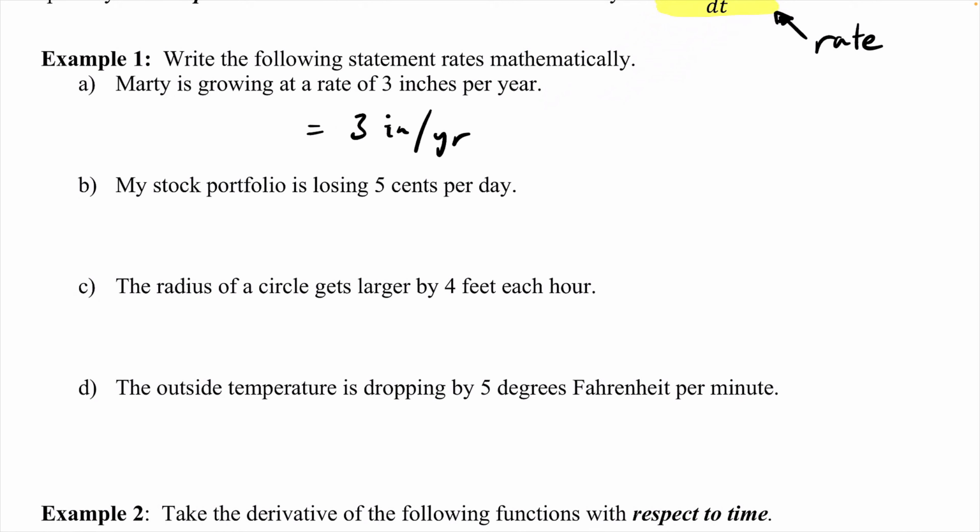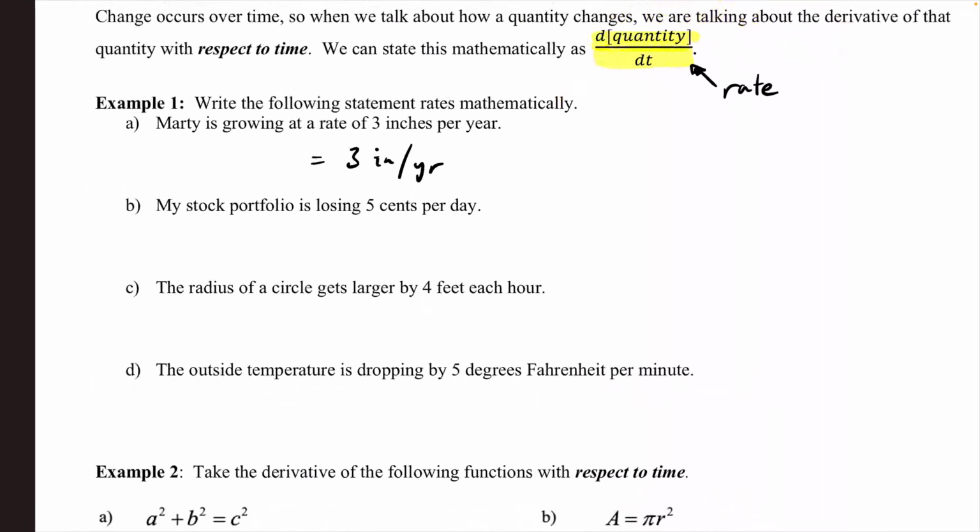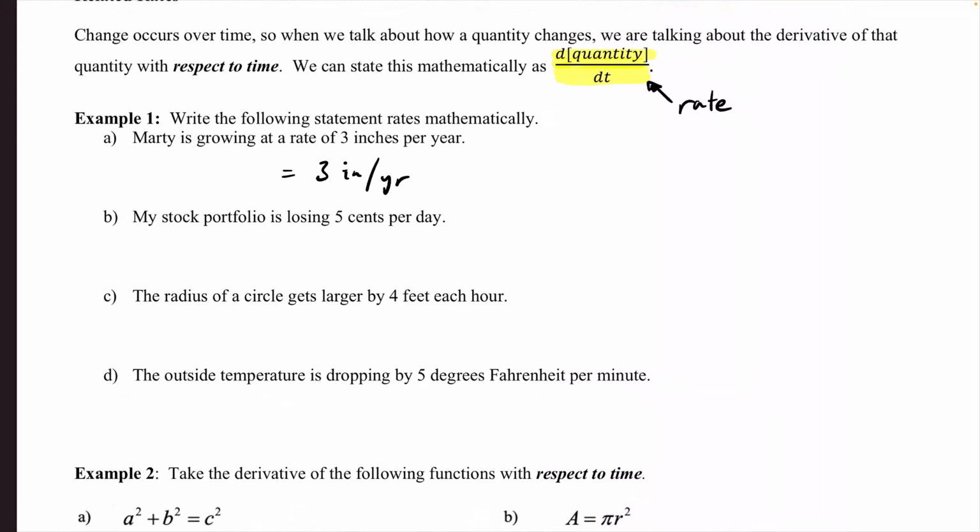So now we're going to write it like the yellow part: d something over dt. Well, 3 is inches, right? What does that refer to? What quantity is it in the prompt?